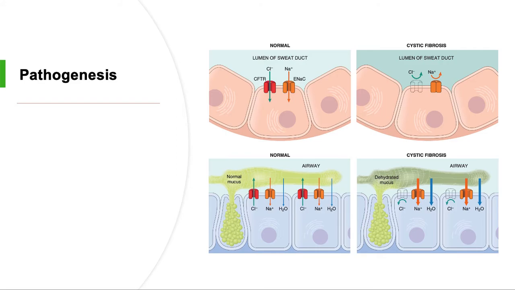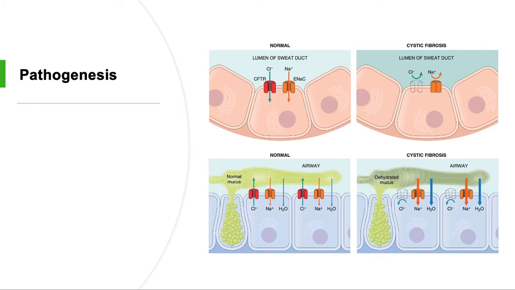The major function of the CFTR protein in the sweat gland ducts is to reabsorb luminal chloride ions and augment sodium reabsorption through the epithelial sodium channel. Therefore, in the sweat ducts, loss of CFTR function leads to decreased reabsorption of sodium chloride and production of hypertonic, or "salty," sweat.